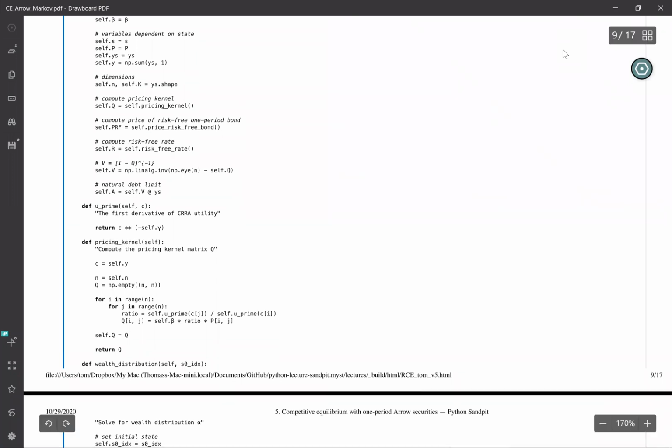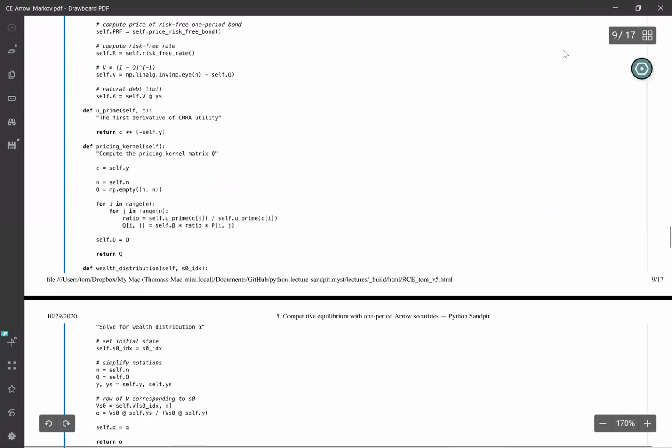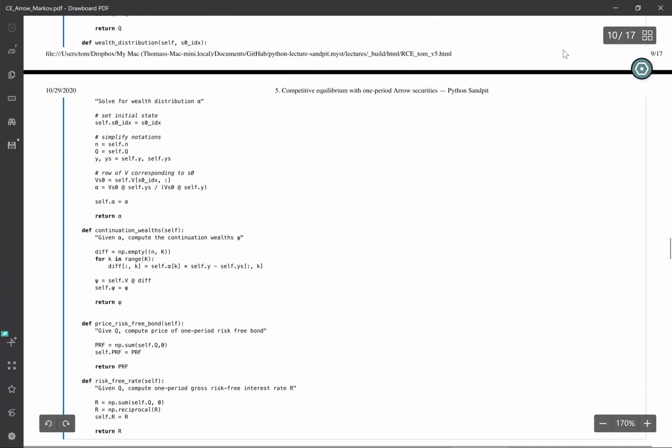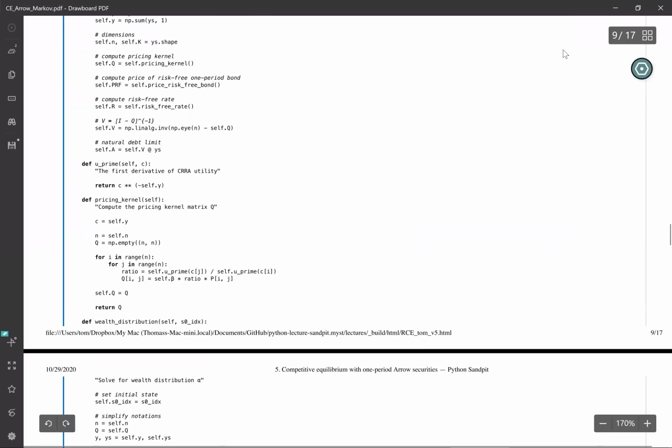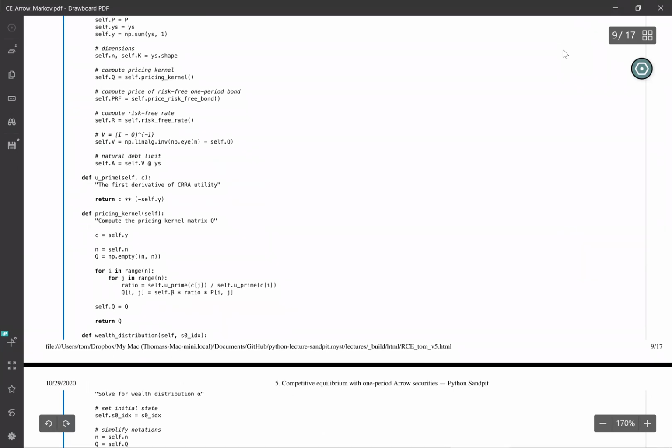We're going to compute a pricing kernel, which is just what this code is. It's going to tell me beta Q_ij times U prime of Y_j over U prime of Y_i. That's what that code does, and so on.